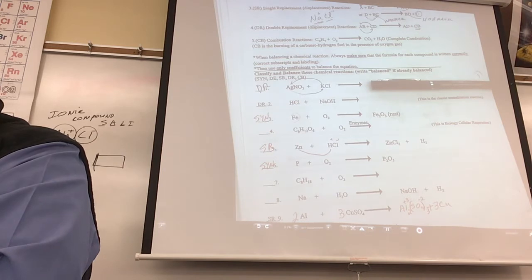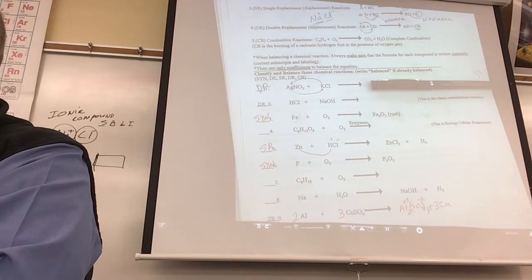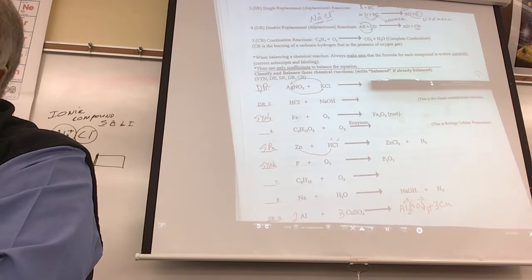What's going to form? Just say it in words. Yes. Silver chloride. What's the other product? Potassium nitrate. And we have to learn these polyatomic ions, don't we? I'm going to use nitrate 100 times. Okay? Everybody learn nitrate. Got it?